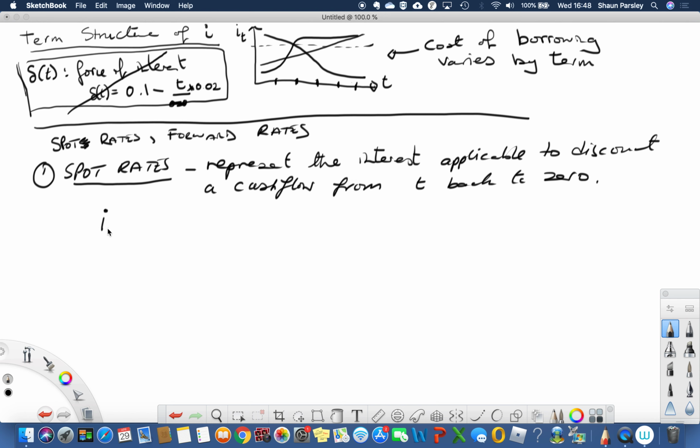So if you have I4 as a spot rate, that's the 4-year annual spot rate, as I say. And then if we work that through to come up with a present value of a cash flow at time 4, then we have that cash flow, and then it's 1 plus I4 to the minus 4. This is the V function, as what we've seen a lot through time.